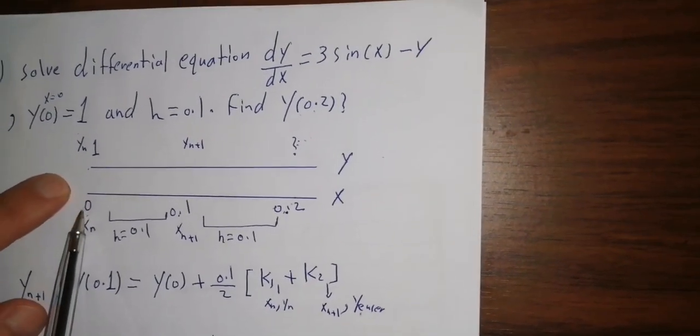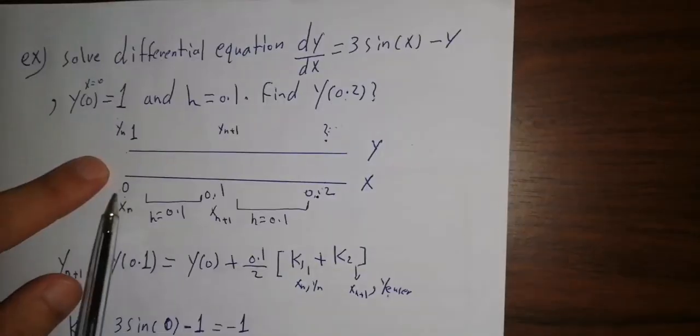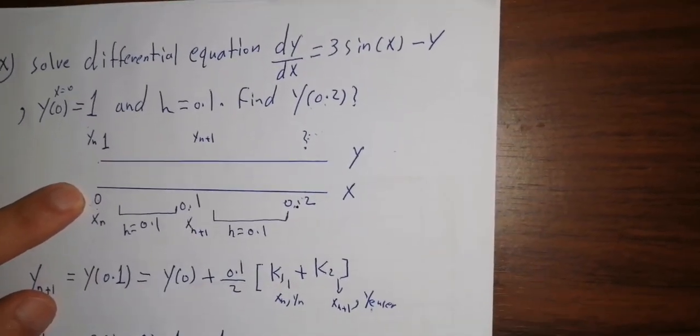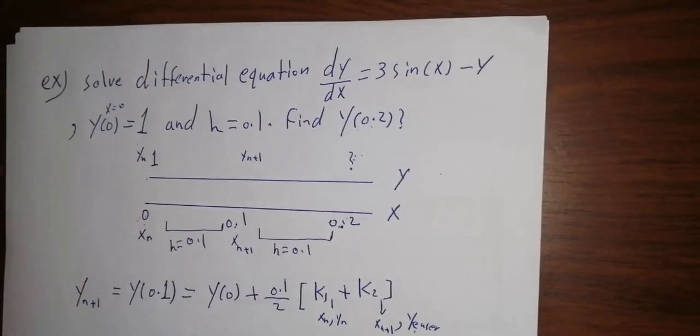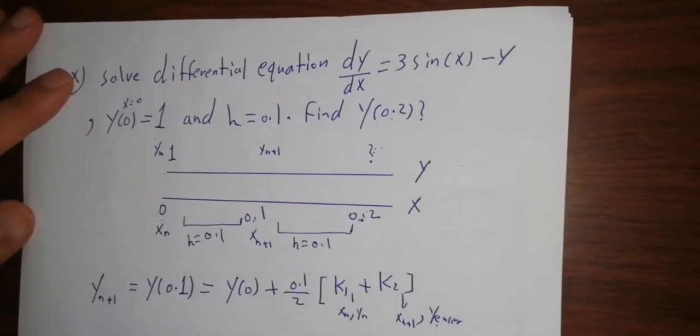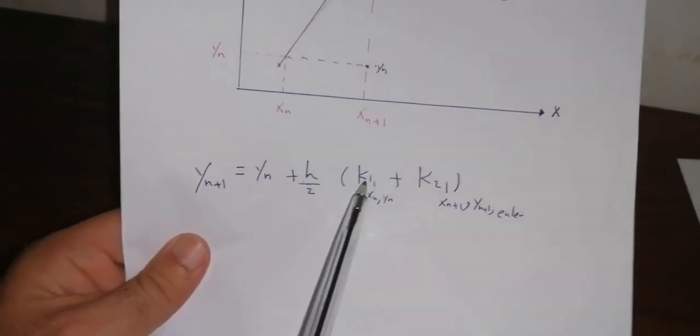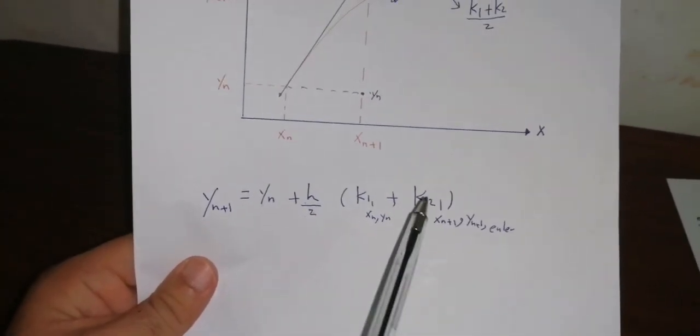Now, focus on the first point. At x equals 0, y equals 1. Step 0.1. So we will go to the law of Runge. Generally, start from yn plus 1 equals yn plus h over 2 times k1 plus k2.